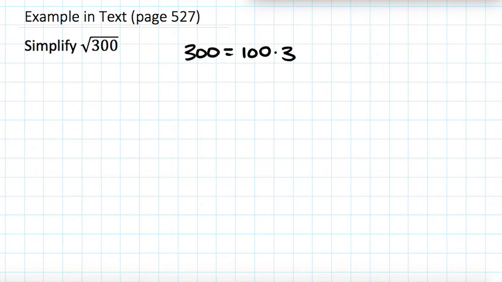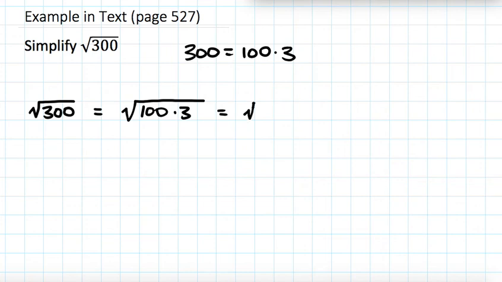So I'm going to take the square root of 300. I'm going to break 300 up into 100 times 3. And then I'm going to break the square roots up. So this is kind of going backwards of the product rule stuff that we did earlier. Square root of 100 times square root of 3.